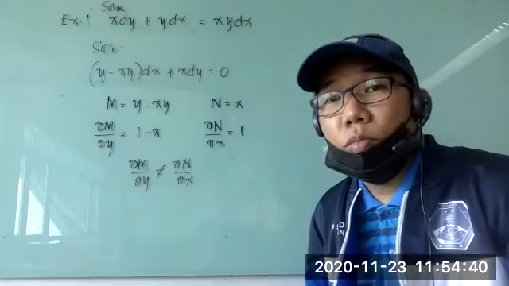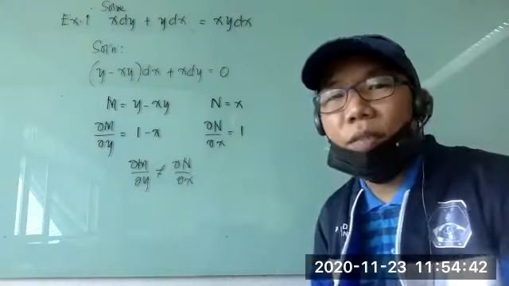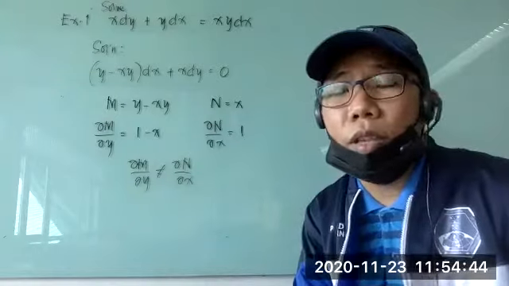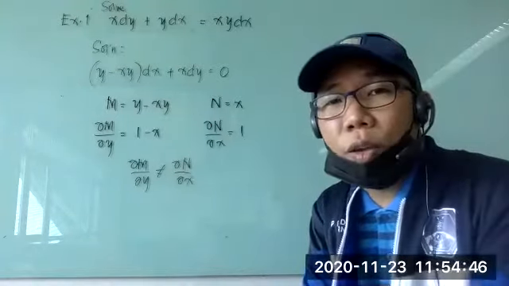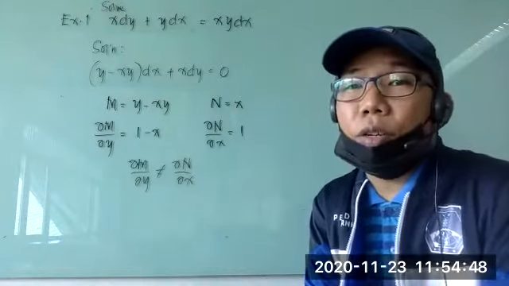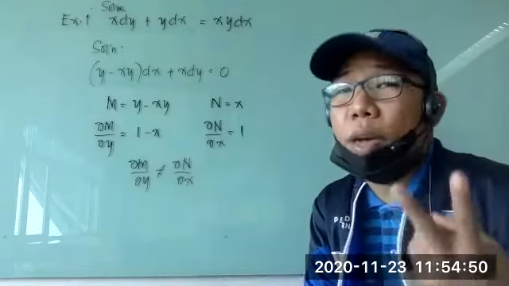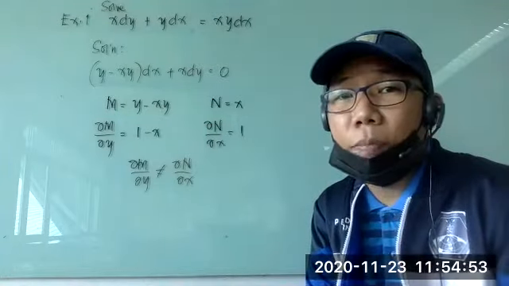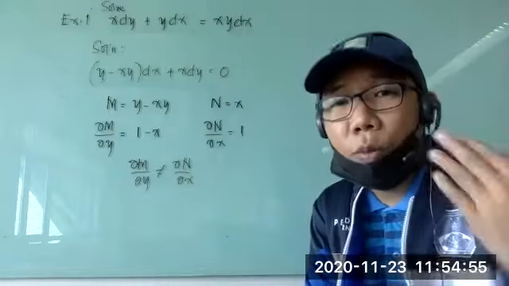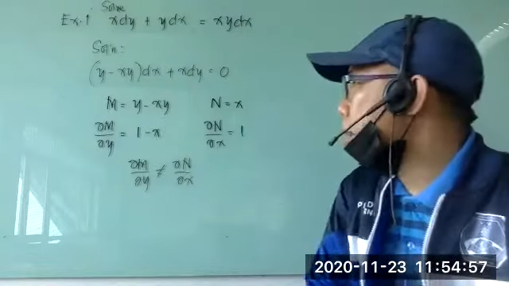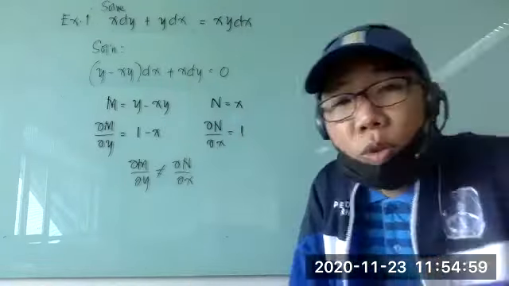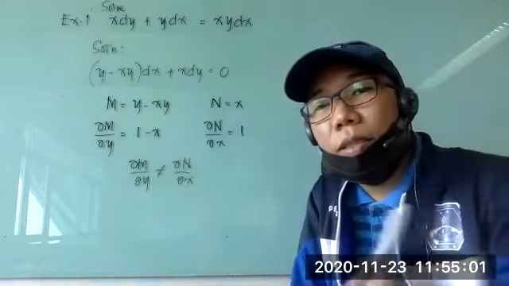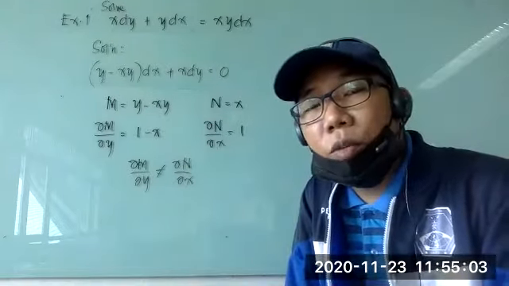So the next step is to find the integrating factor, if it's possible that this equation has an integrating factor. Again, I said earlier that there are two ways to determine the integrating factor, by inspection and by using the formula. Now we are going to utilize the formula. By doing that, we first test from that condition.